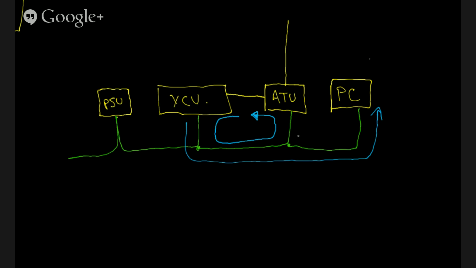We'll end up with audio noise, whining, horrible audio. So generally you always want a common ground point. A common ground point generally does not create ground loops.